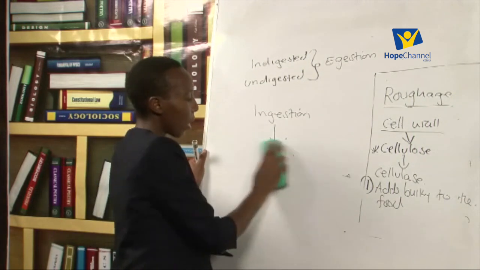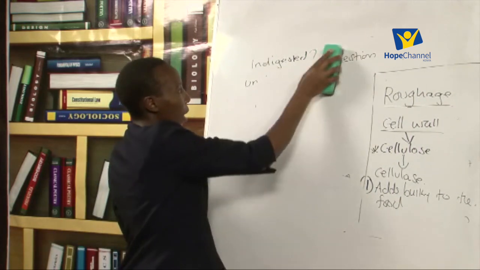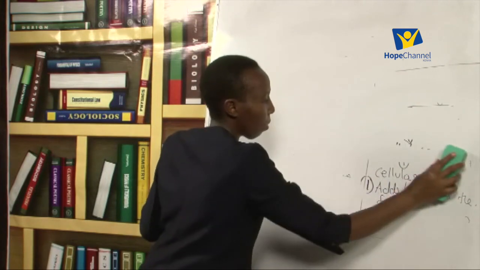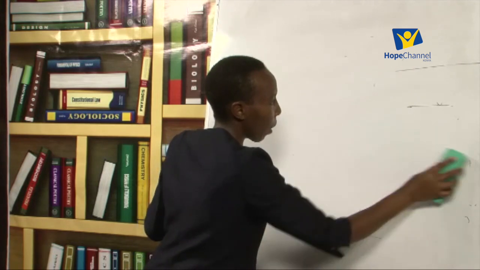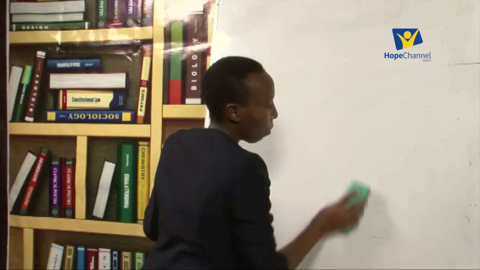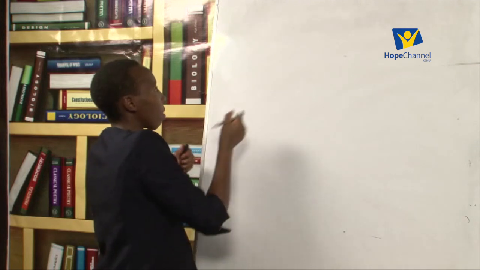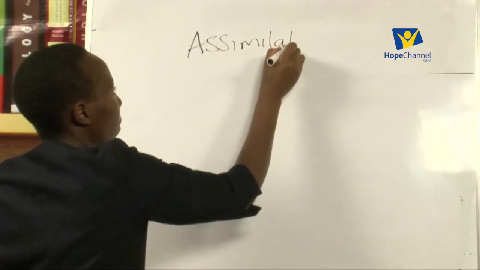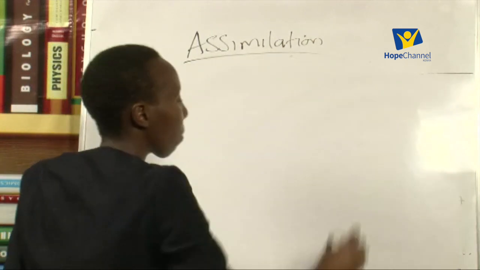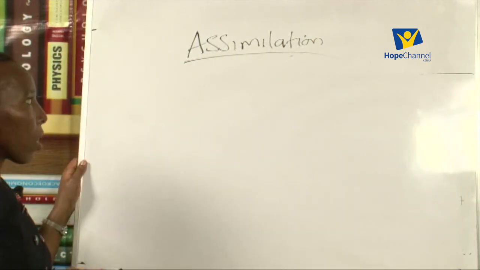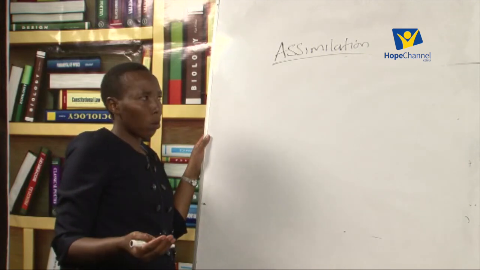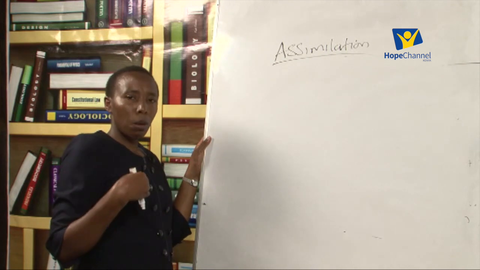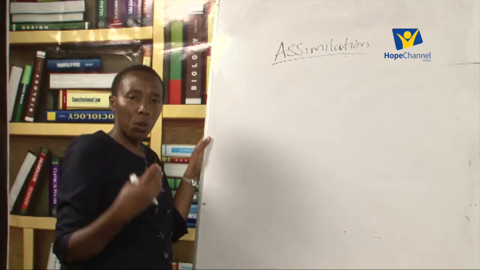So as we wind up the whole process, allow me to mention what we call assimilation. Assimilation means those end products of digestion, whatever has been absorbed into the bloodstream, how is it used?